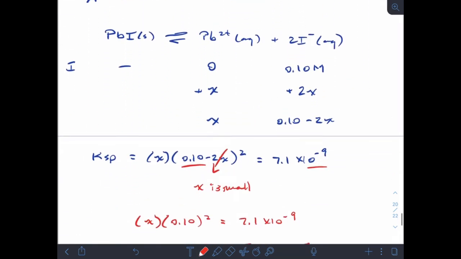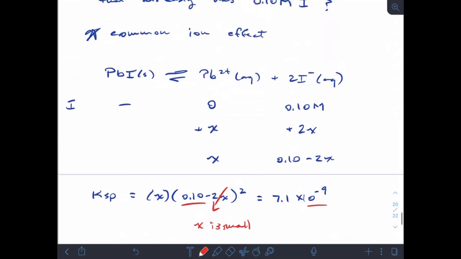Right, now if I were to take this same scenario with the lead iodide dissolving, and let's say I did it in a solution of chlorine, it wouldn't have any effect, okay, because the whole thing is that this is common ion effect. Right? The only way that I'm going to affect this solubility is if I have lead or iodine ions in the solution. Anything else is going to mess things up. Okay? So common ion effect is a big factor in this section of this chapter.